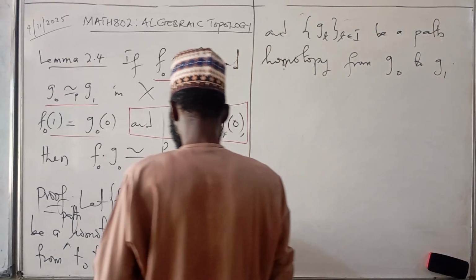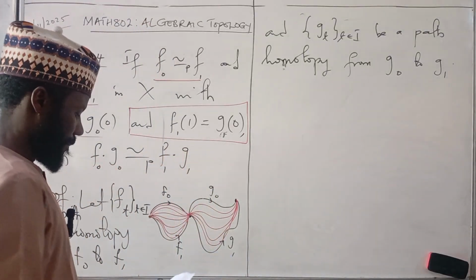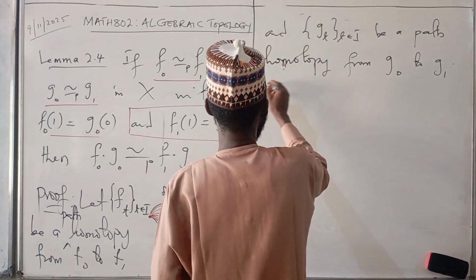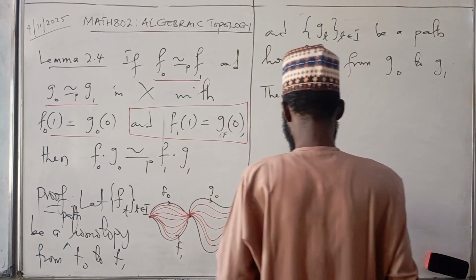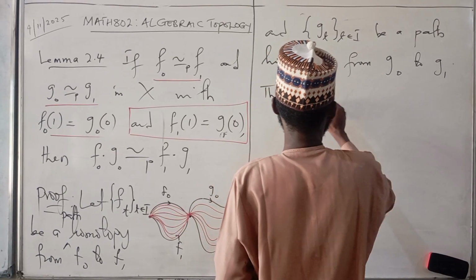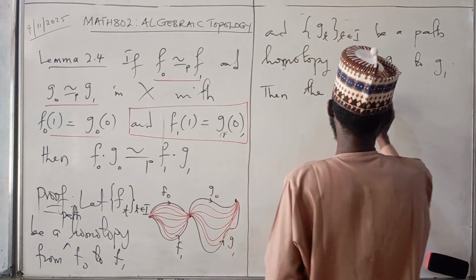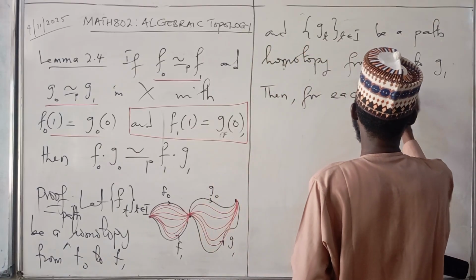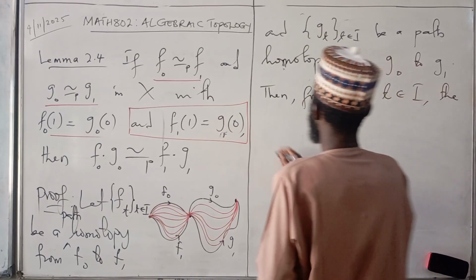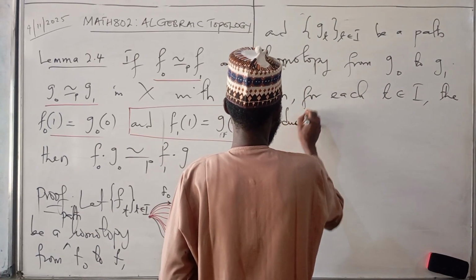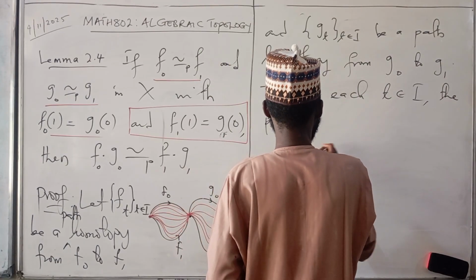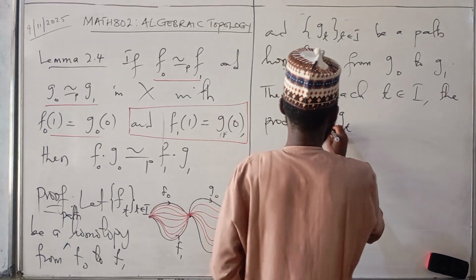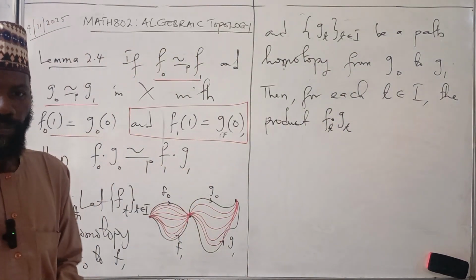So if you have these path homotopies, then for each t in I, the product f_t g_t is well defined.